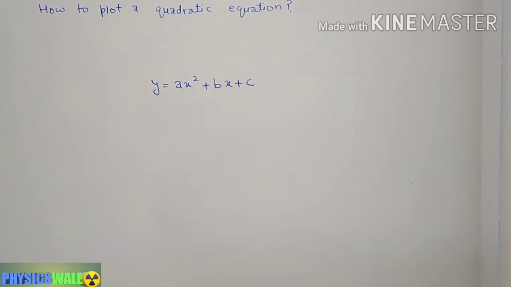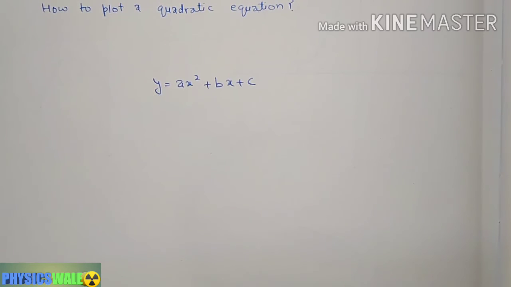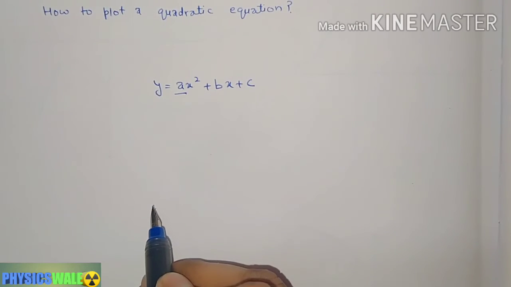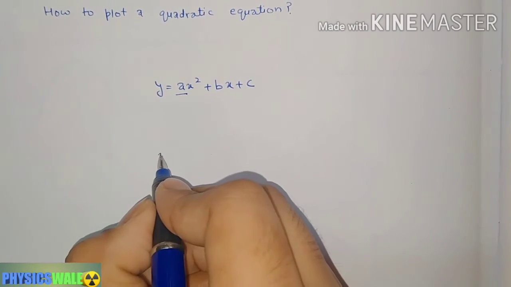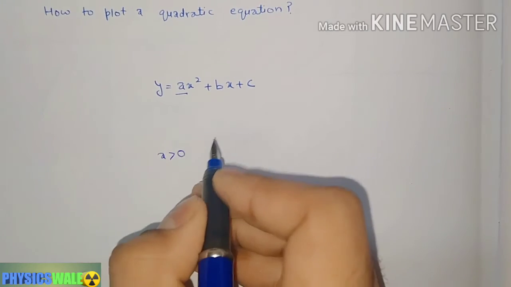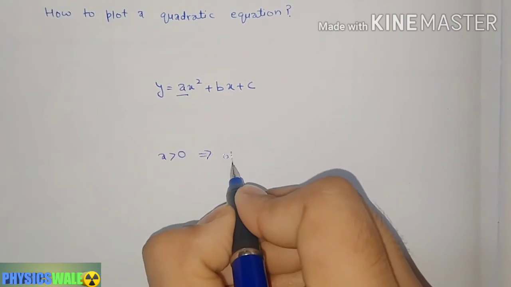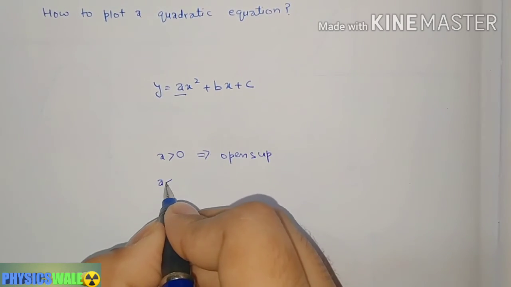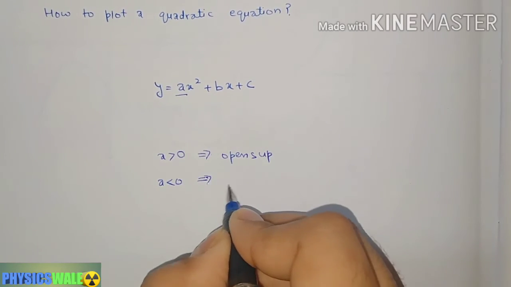It can only open towards the upside or the downside. The value of a determines which side the parabola opens. If the value of a is positive, the parabola opens up. If the value of a is negative, the parabola opens down.